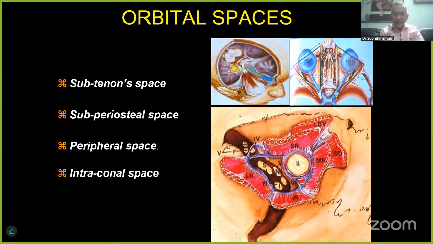Whereas the lesions in the intraconal space will push the globe straight forward, leading to axial proptosis. Similarly, lesions in the peripheral space usually compress the globe, leading to an elongation of axial length, and which causes astigmatism. That is the refractive error that is usually caused by lesions in the peripheral surgical space.